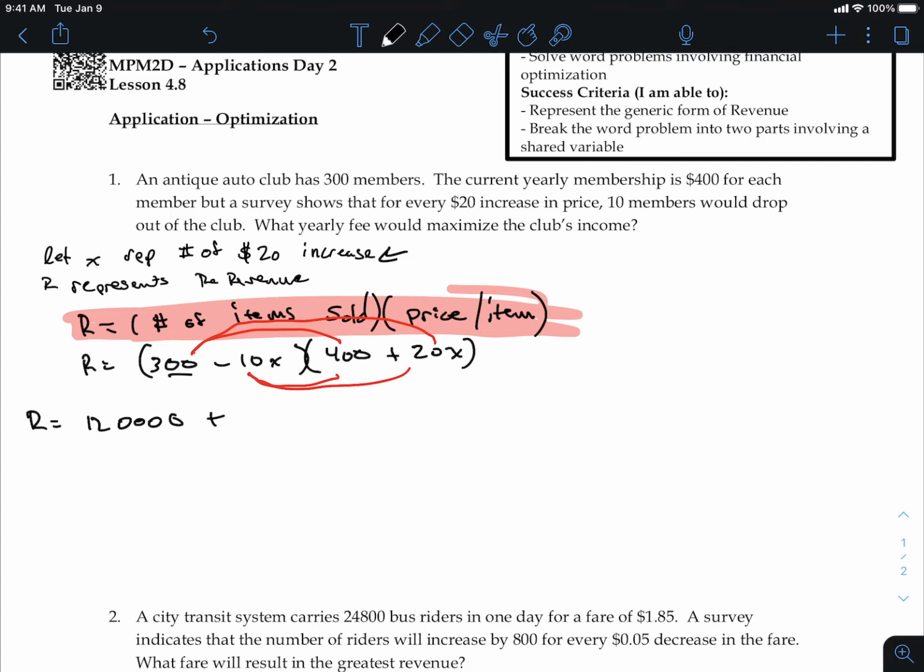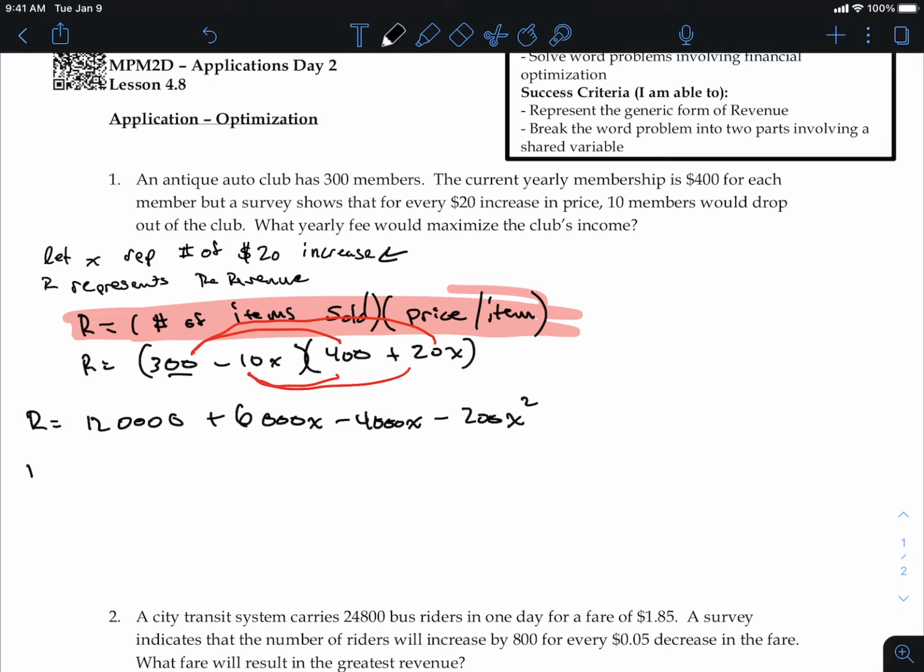Then plus, what's 20 times 300? 2 times 3 is 6, and how many zeros do you count? 6,000x minus 4,000x minus 200x squared.